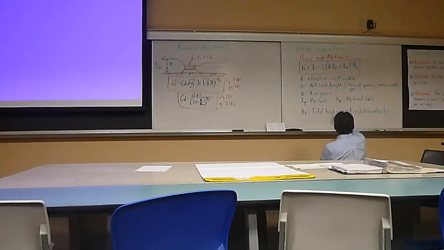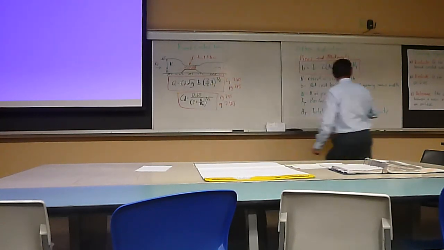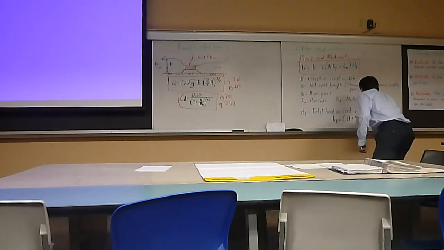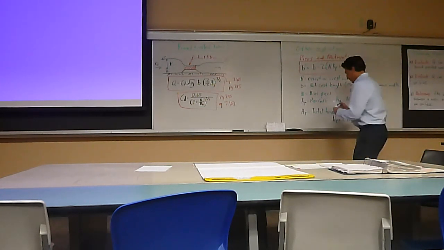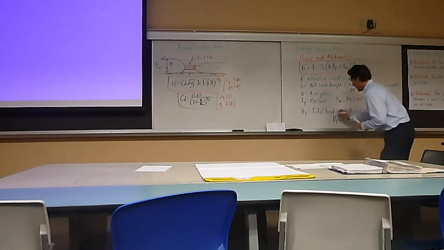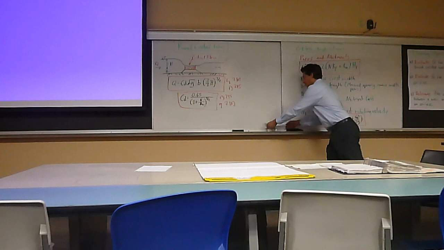The total head is going to be your head over the crest of the weir from here, plus approach velocity squared over 2g. So that is what you would do for your total head in that calculation.